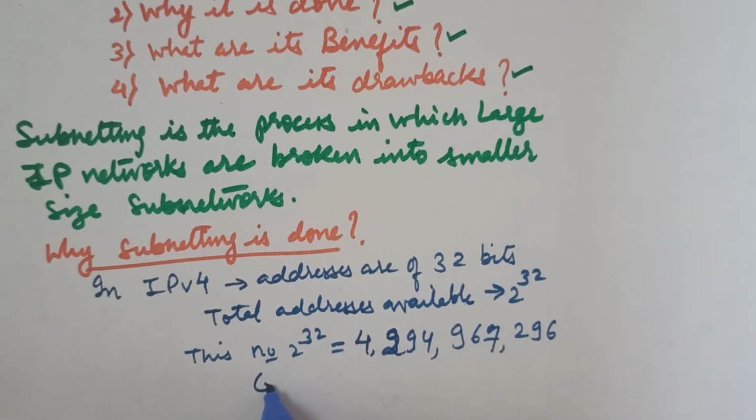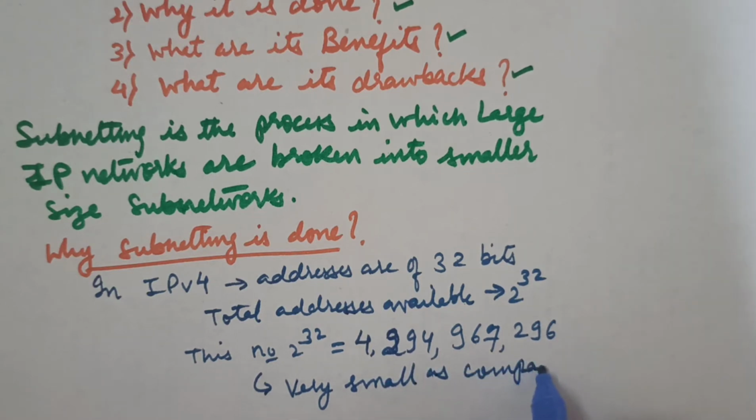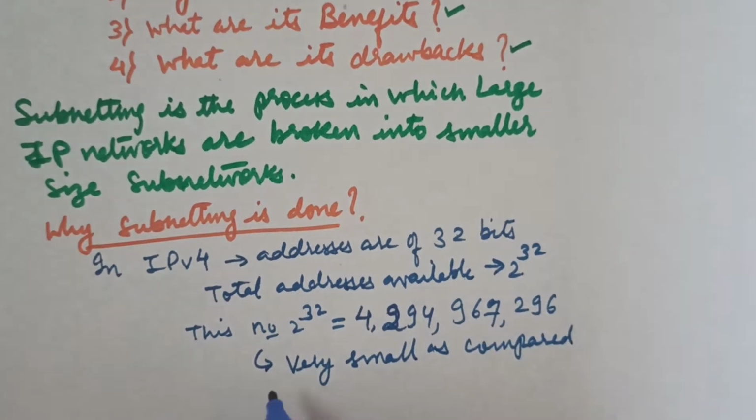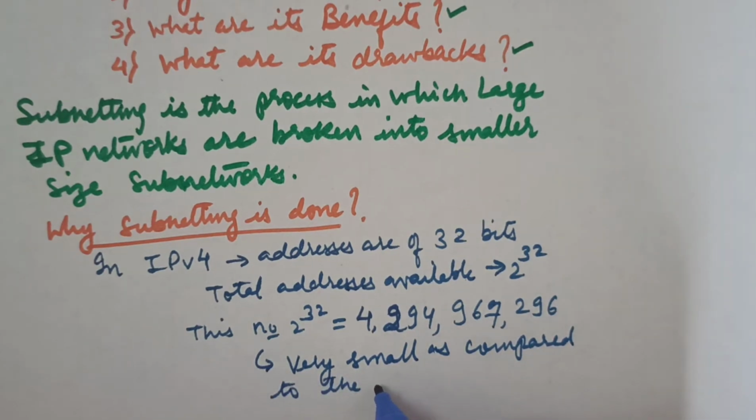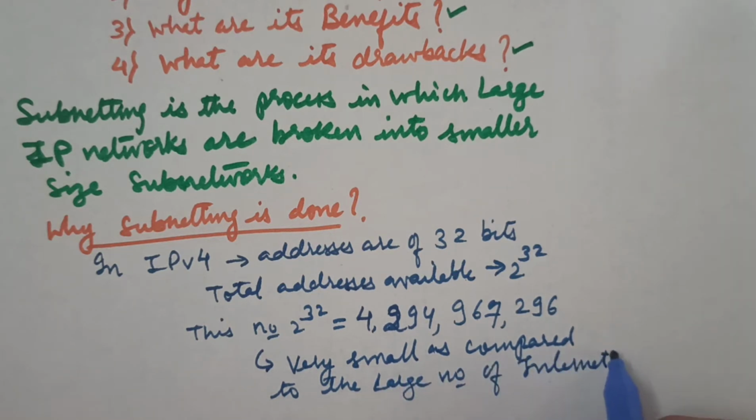These many addresses are available in IPv4. And this number is very small as compared to the large number of internet users all over the globe.